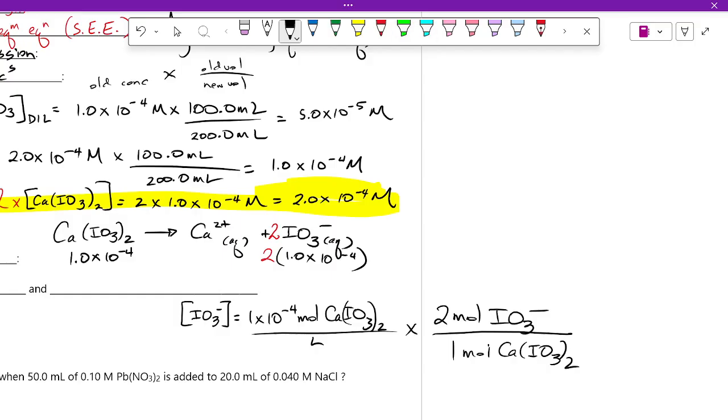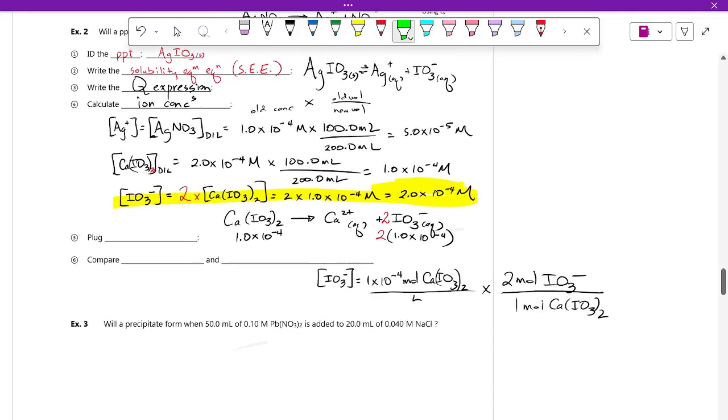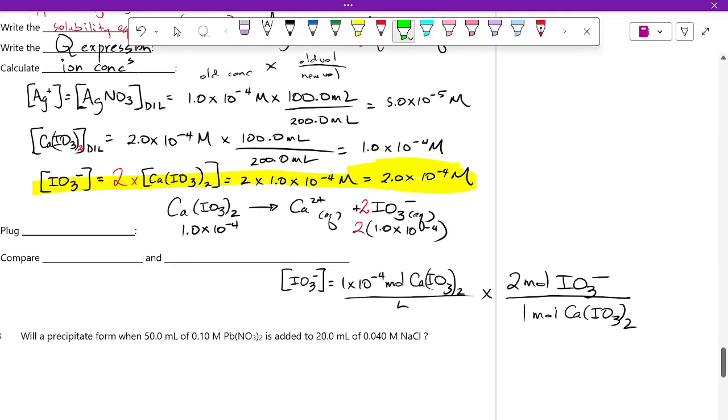No matter which of those methods we use, we will get 2 times 10 to the negative 4 molar.